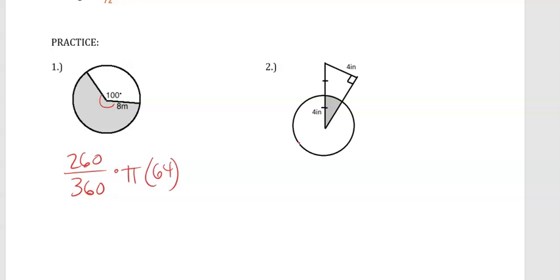What's it give me? Anybody go ahead and put 260 over 360 or 26 over 36 times 64 math frac. 416 over 9, fantastic. 416 over 9 pi meters squared. Anybody have any questions on that? No?